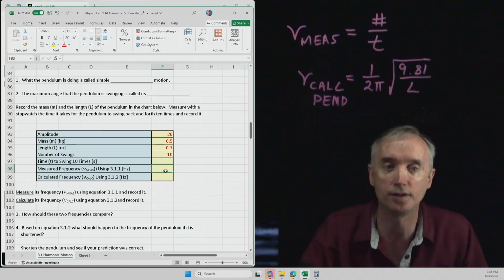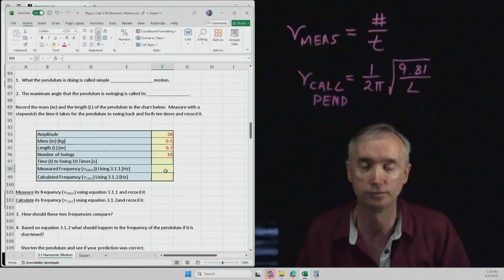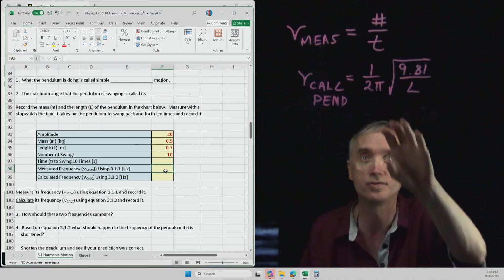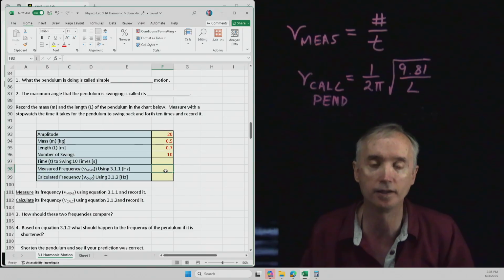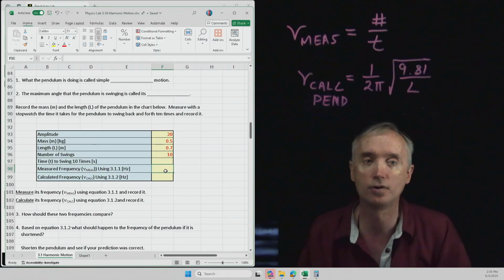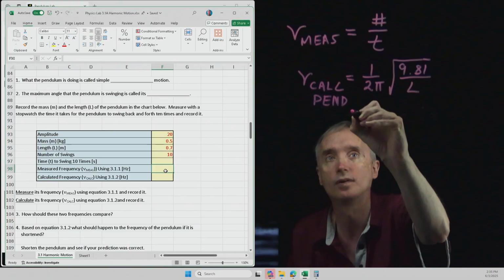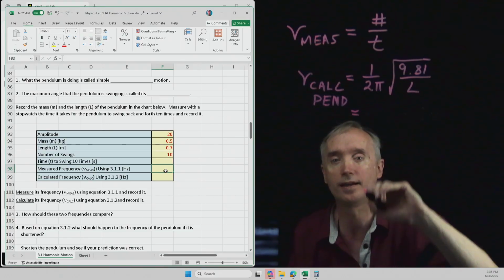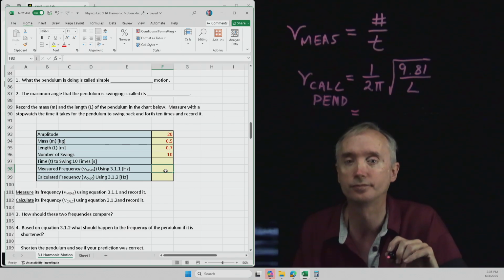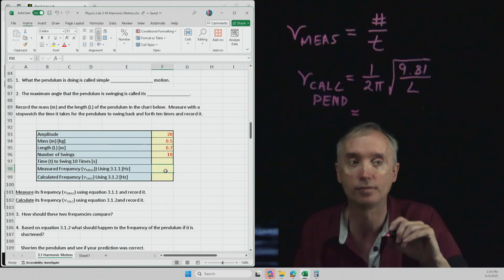So what I'd like to do is a sample calculation for you using this formula, because it can get kind of tricky. So let's say, for the sake of argument, that I'm going to use a length of 0.3.